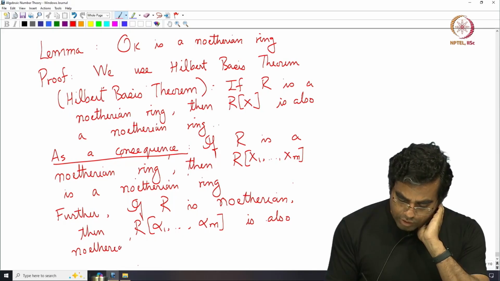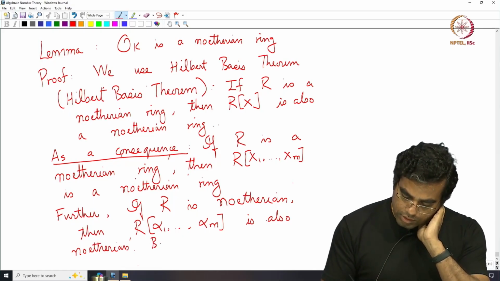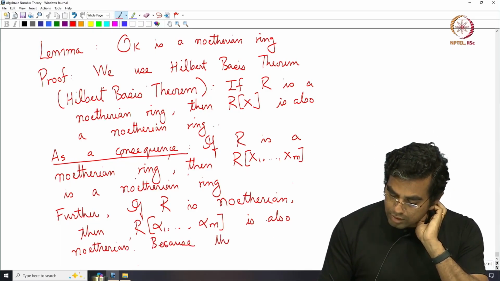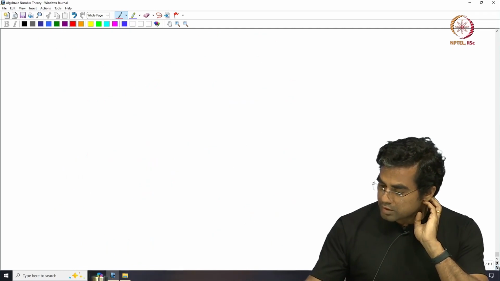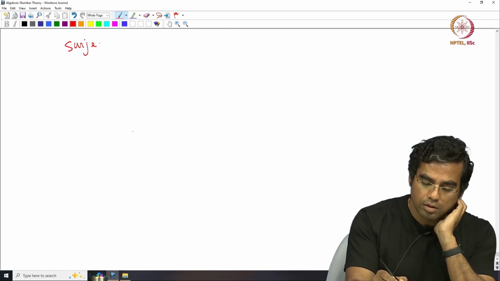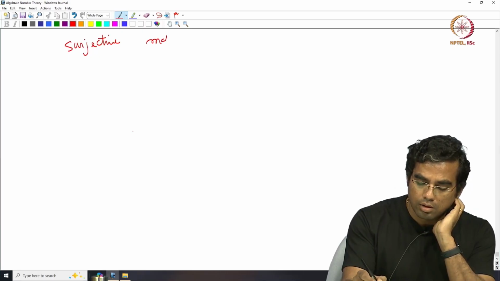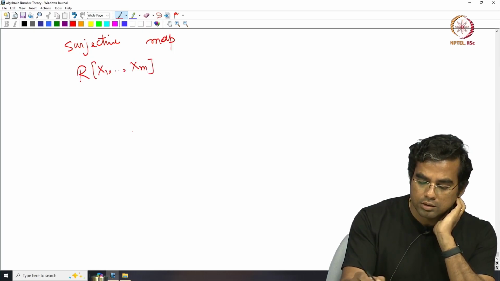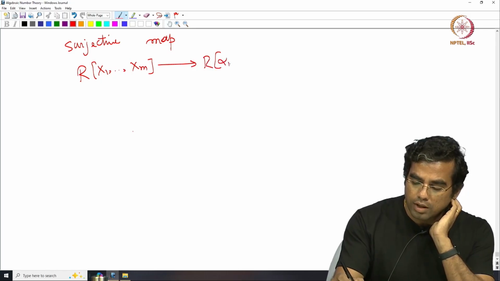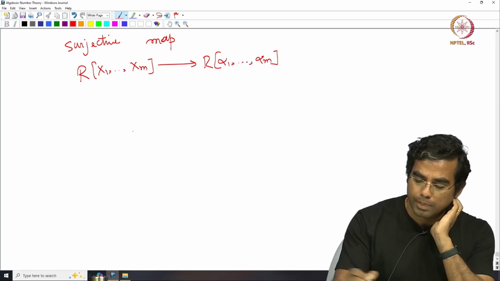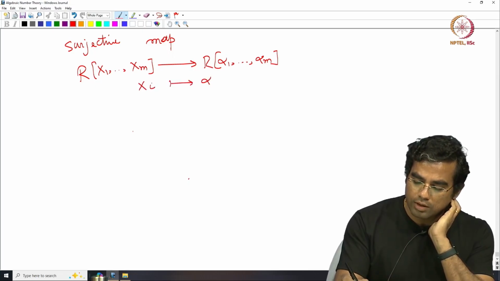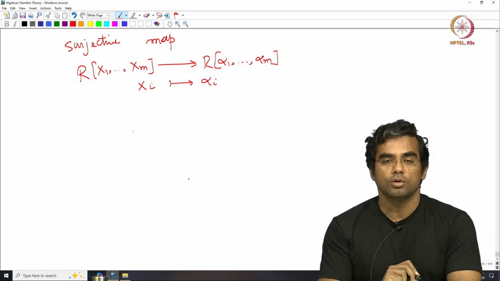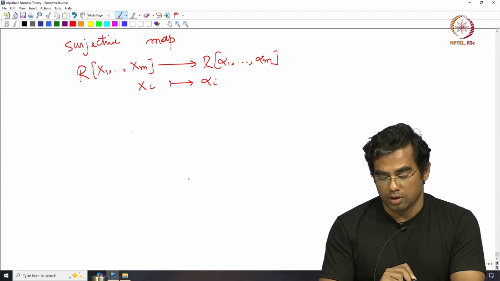because a homomorphic image of a Noetherian ring is Noetherian, because there is a surjective map from the polynomial ring in n variables to this ring. Okay. So, xi just goes to alpha i, and this map is surjective, and a homomorphic image of a Noetherian ring under a ring homomorphism is again Noetherian.